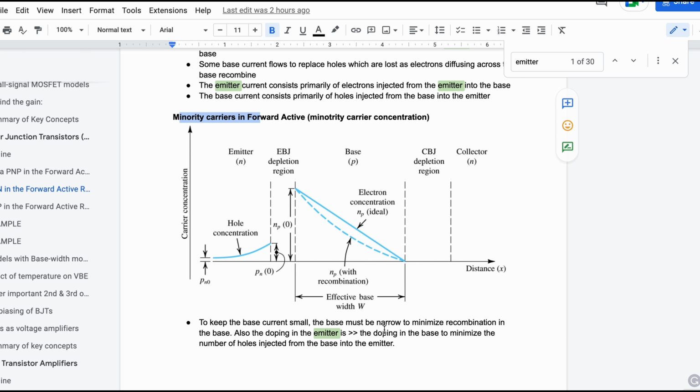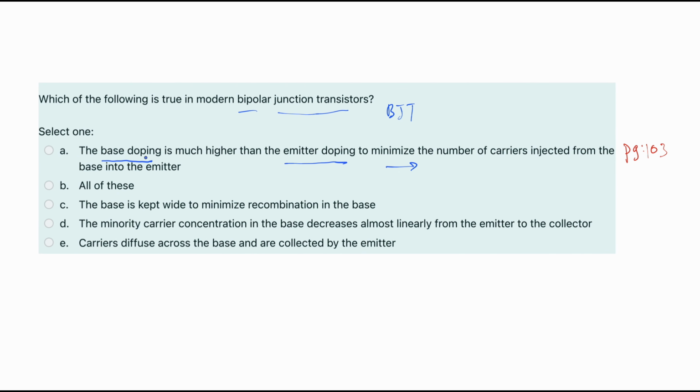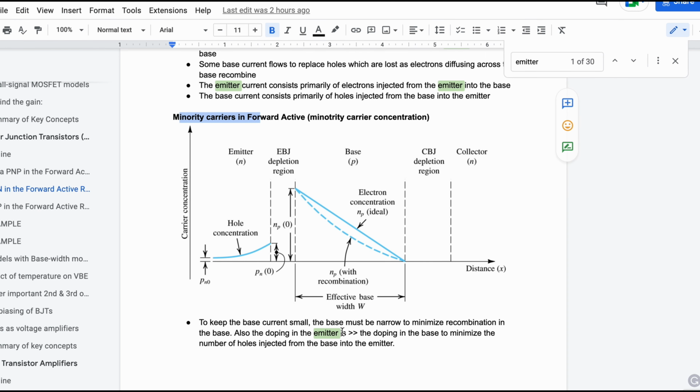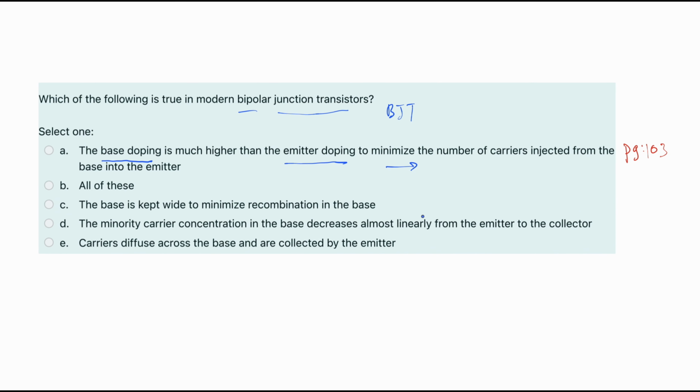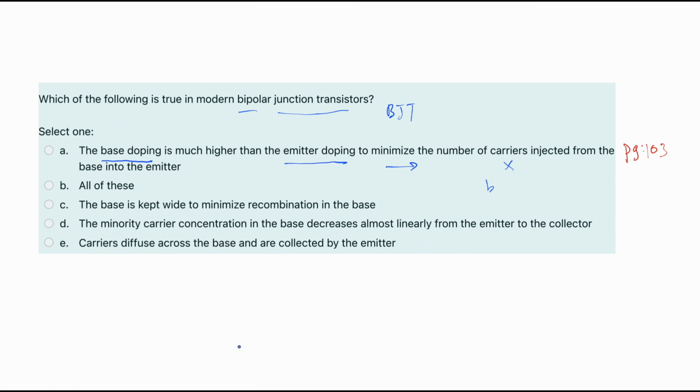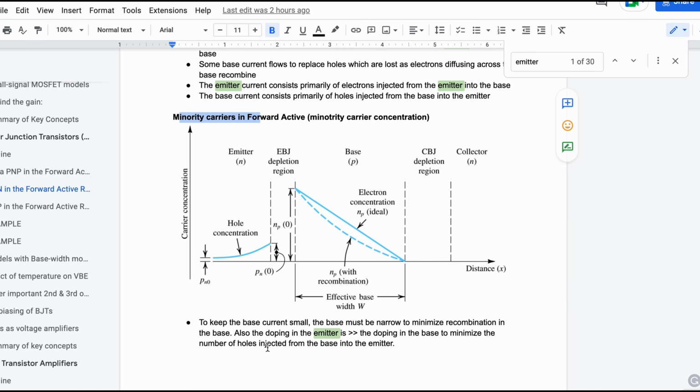Also, the doping in the emitter is much greater than the doping in the base to minimize the number of holes injected from the base to the emitter. So this is incorrect by itself. It says carriers. This should be the number of not carriers, but the number of holes. So we should have holes here injected from the base into the emitter.